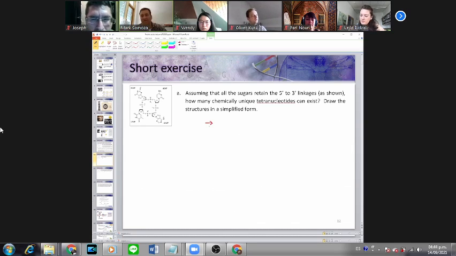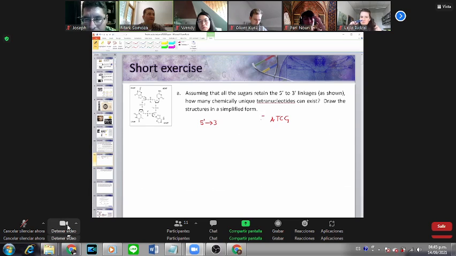So the convention in nucleic acids is to always refer to sequences 5' to 3'. And we'll always retain that convention. If you ever see a DNA or RNA sequence written down, A, T, C, G, say, you have to always assume, unless it's specified otherwise, that this is the 5' side and this is the 3' side.